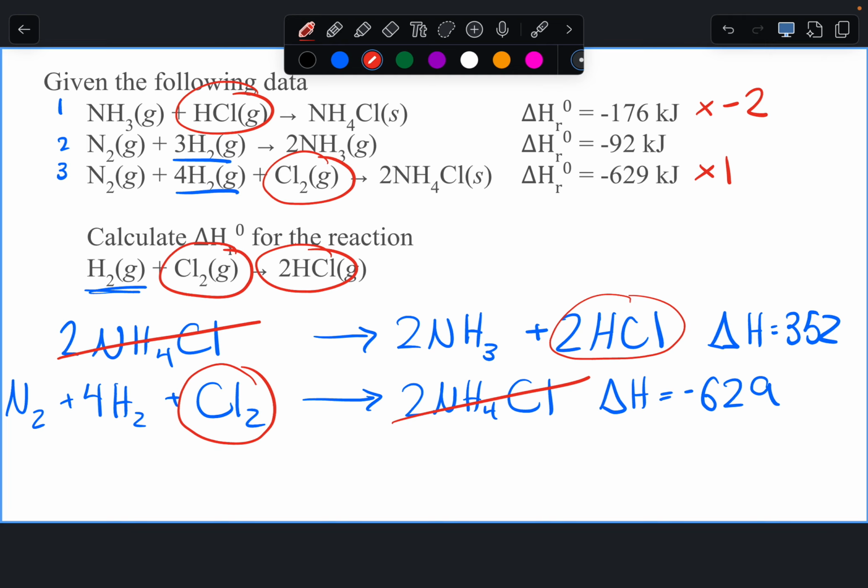So I need to get rid of the N2 that's on the reactant side, which means I need to flip this reaction so that there's one on the product side to cancel it out. In the process, that's going to move the 2 NH3s to the reactant side so that those will cancel out. So I am going to flip this reaction. Same number of moles, but just turn it around.